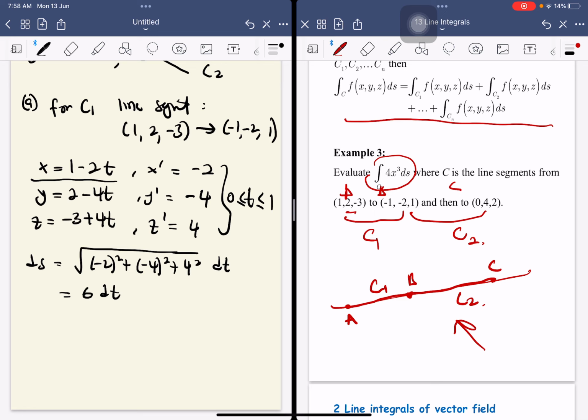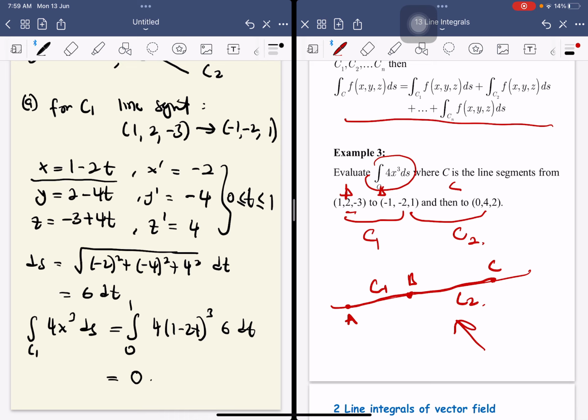So the integral over C1 of x to the power of 3 ds is the integral from 0 to 1 of (1 minus 2t) to the power of 3 times 6 dt. If you solve this integral, you get 0 for this part.